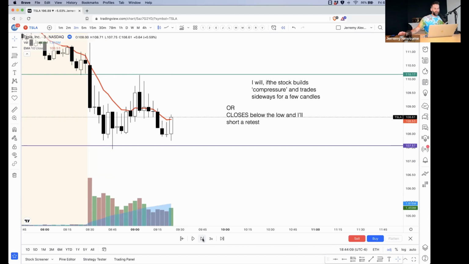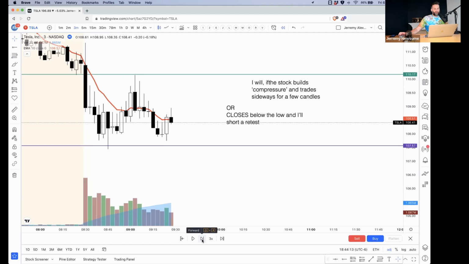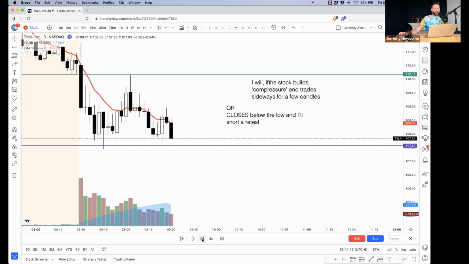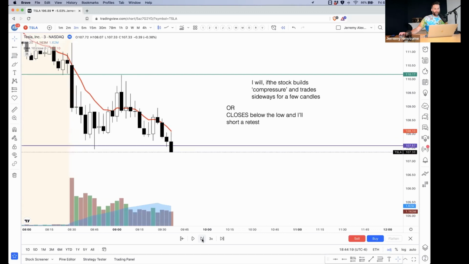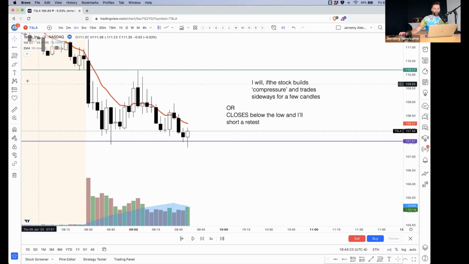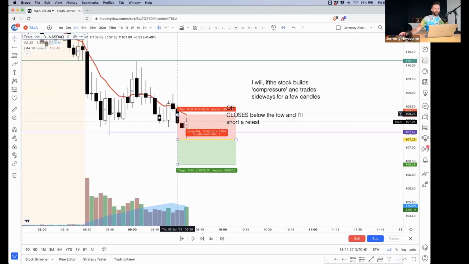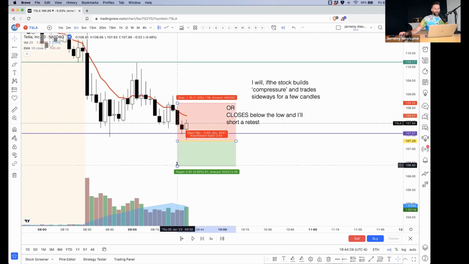Look at that. We're waiting. Bear candle, close above, close above. Oh, so close. Still waiting. Come back down to low of the day. Easiest trade I've ever seen in my life. I haven't seen an easier trade than this in a long time.